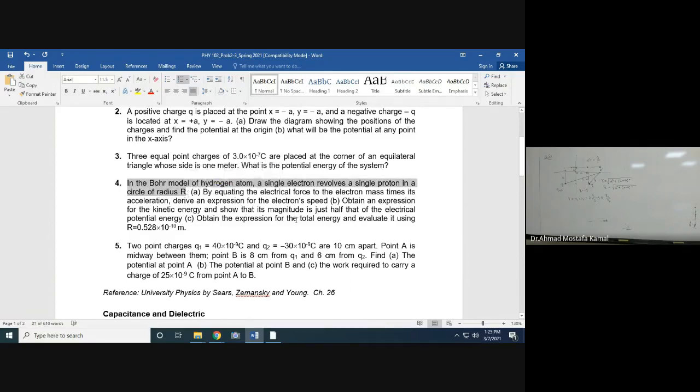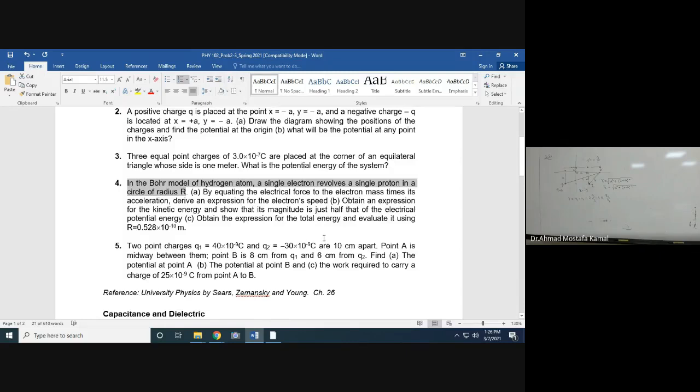In the hydrogen atom, you know there is one electron and one proton in the nucleus, no neutron is there. So a single electron revolves around a single proton in a circle of radius r. By equating the electrical force to the electron mass times its acceleration, that means m into a, derive an expression for the electron's speed.